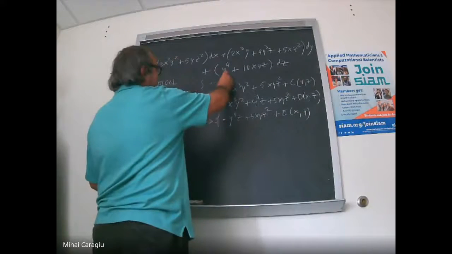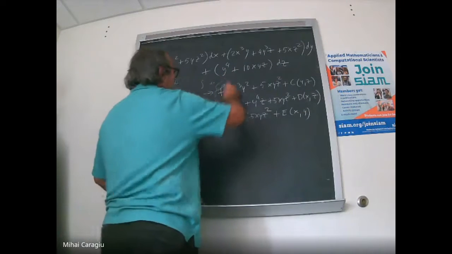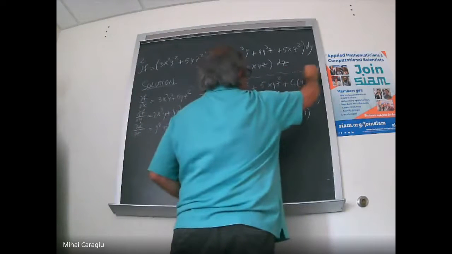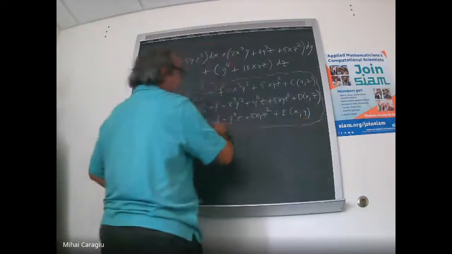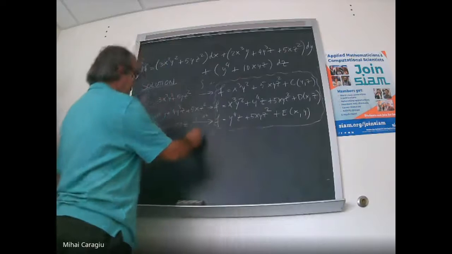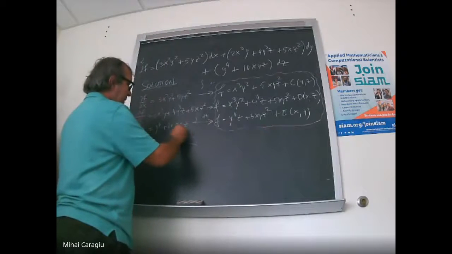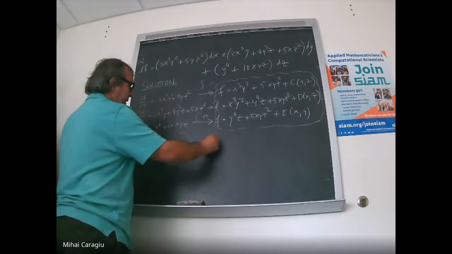So we got again the same triple look at f from different angles: from the angle of x, the angle of y, and the angle of z.